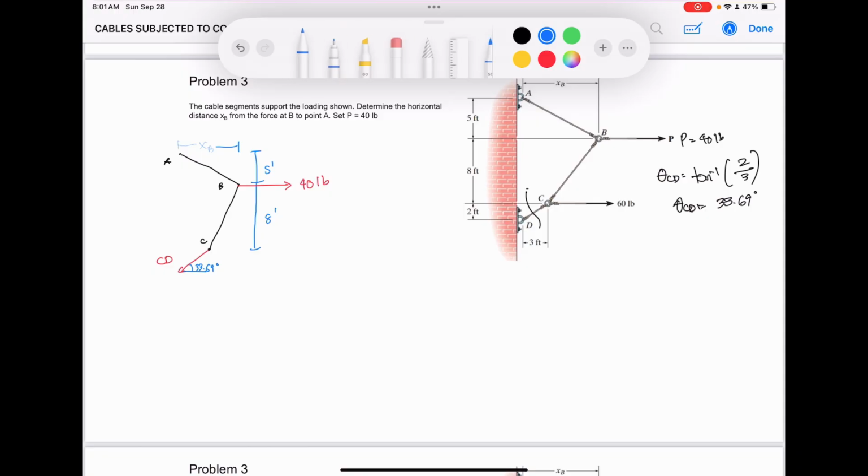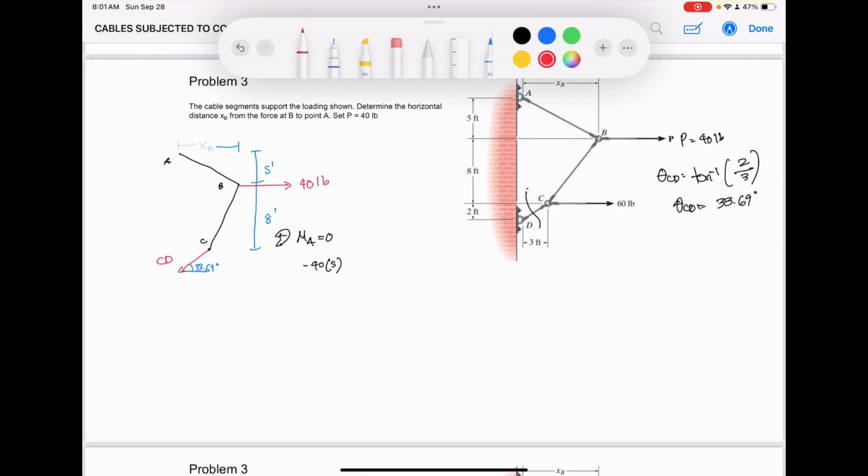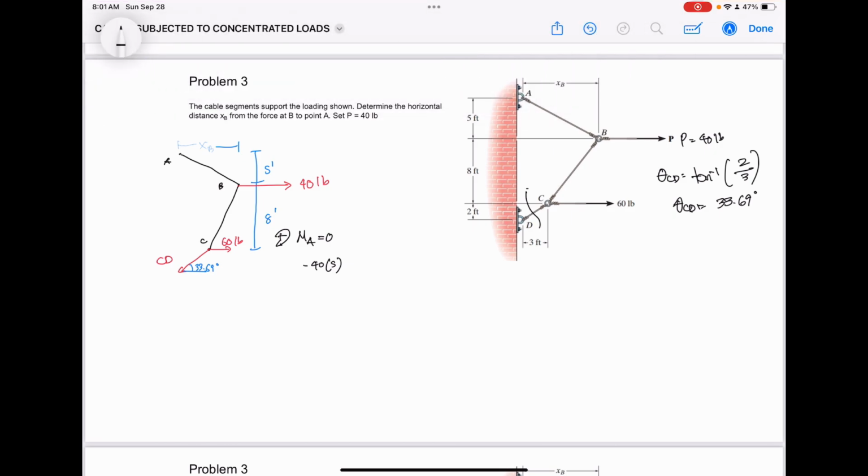So, moment at A na tayo. Para makita si CD. We have negative 40 times 5. Ano pa palang 60, no? 60 L. Minus 60, 5 plus 8 equals to 13.